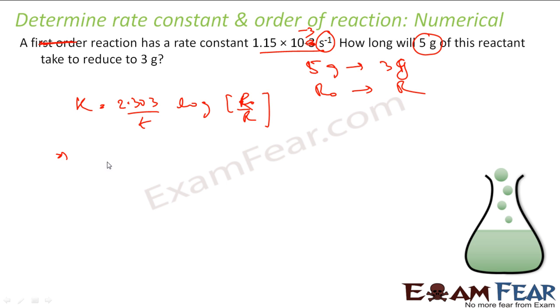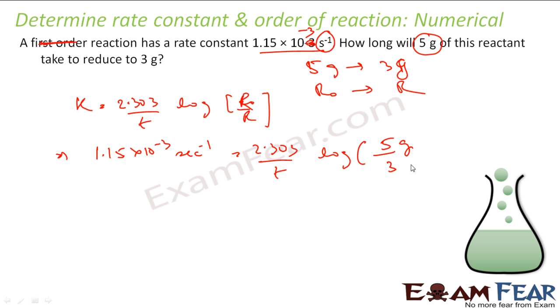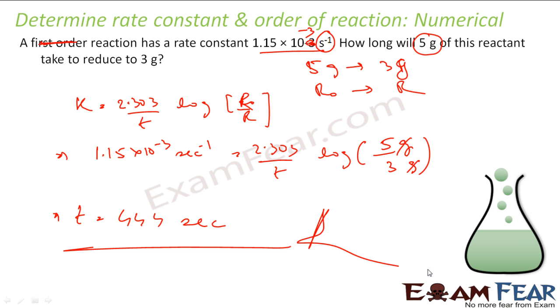K is given as 1.15 × 10^-3 per second, equal to 2.303/T log of R naught is 5 and R is 3. Both in grams, grams cancel. If you solve this equation, you get T as 444 seconds. Log of 5/3 will actually come out to be 0.2219.